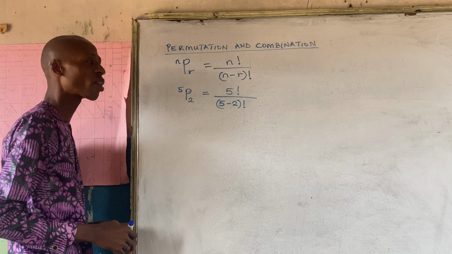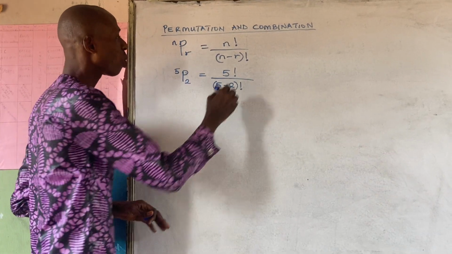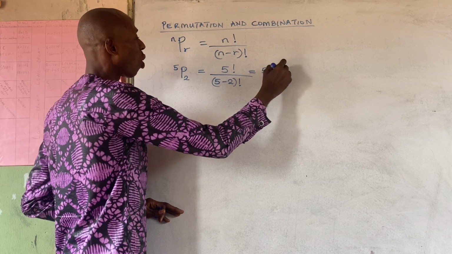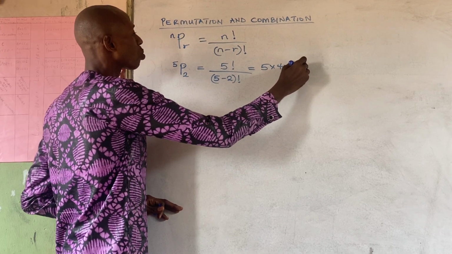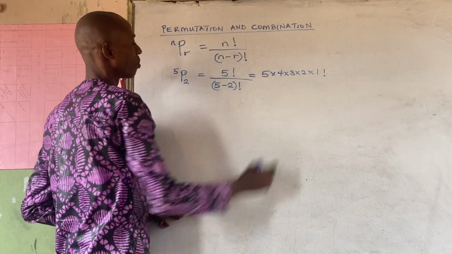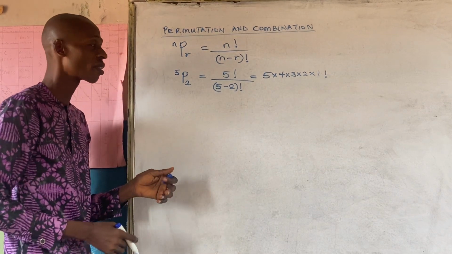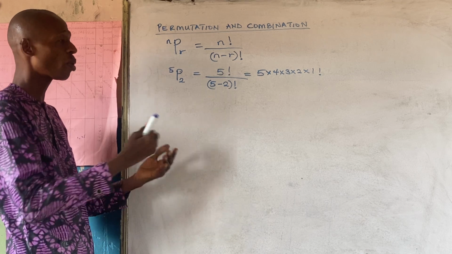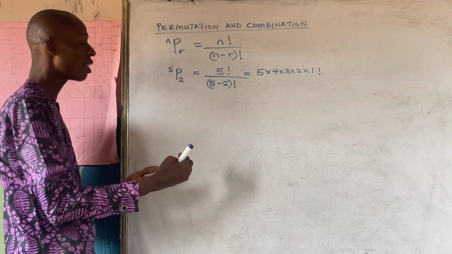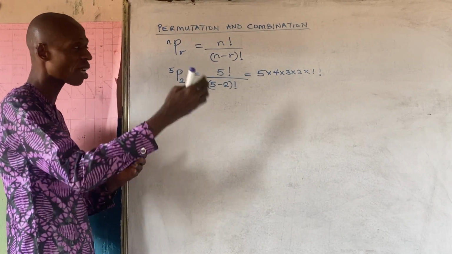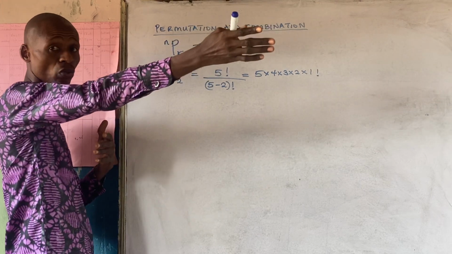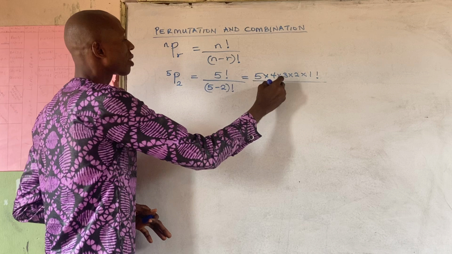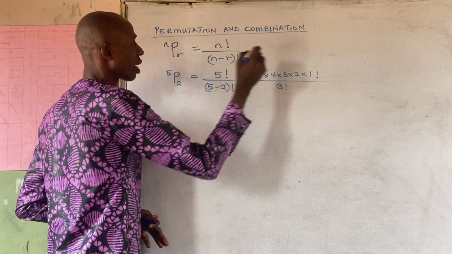When we talk about factorial, don't forget factorial means this 5 factorial will become 5 times 4 times 3 times 2 times 1. That's what factorial means. In other words, for example, if I have 10 factorial, if I want to break it further, I will just say 10 times 9 times 8 times 7 times 6 times 5 down to 1. Alright? Now, all over 5 minus 2 is 3, and we have factorial outside. Alright?